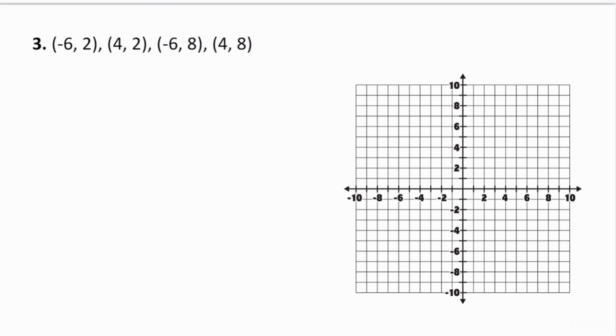Question number 3 also has 4 points, so we're going to make the assumption this is also going to be a quadrilateral. Let's go ahead and graph: (-6, 2), (4, 2), (-6, 8), and (4, 8). So notice, yes, I have a quadrilateral, but in this case, I can tell that this is going to be a rectangle.